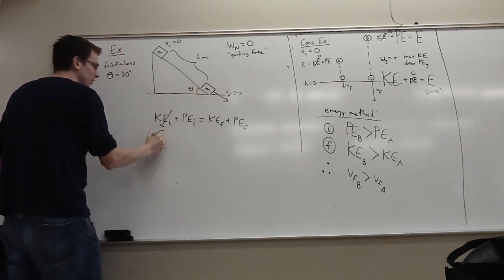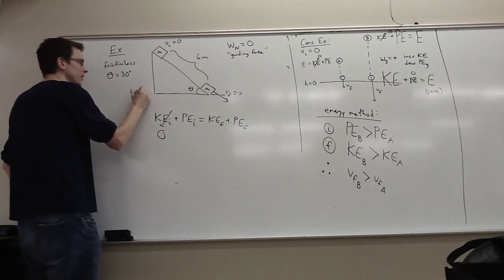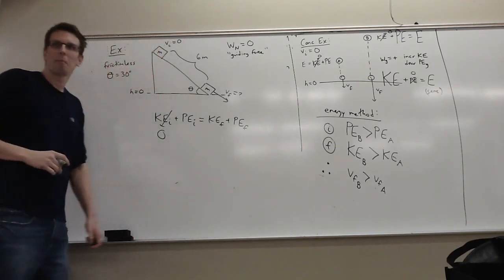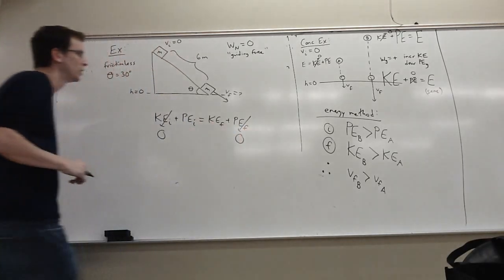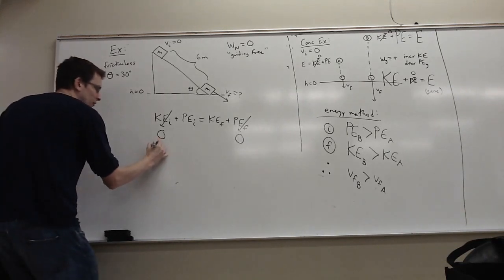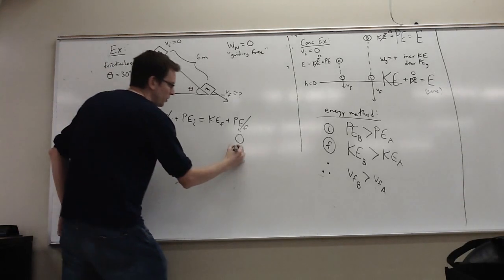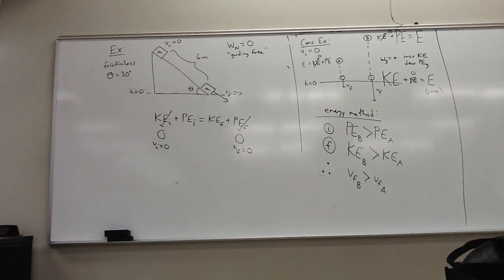So initially, it's not moving, so no kinetic energy. At the end, I'm going to call the bottom, the lowest height of interest, 0 height. So it has no kinetic energy at the beginning because it's at rest. It has no potential energy at the end because it's at what I've called 0 height.